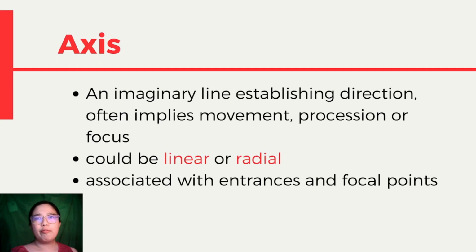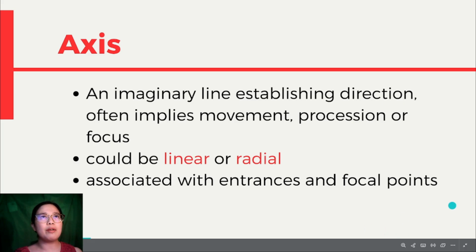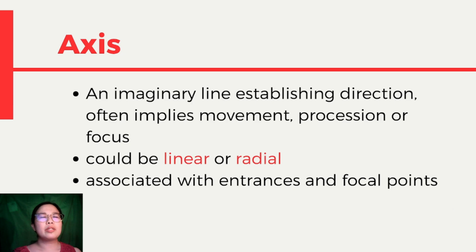Okay, so first, axis. An axis is an imaginary line. So of course, it's not an obvious line. It establishes direction. It often implies movement, procession, or focus. Not necessarily alignment, pero it's supposed to establish an order or implies movement or focus.